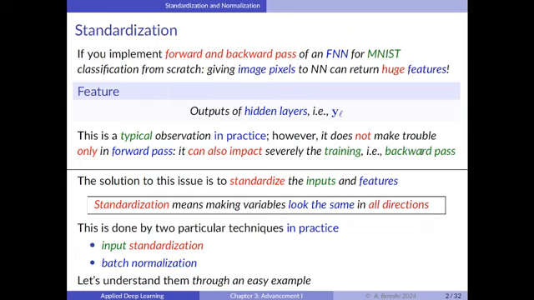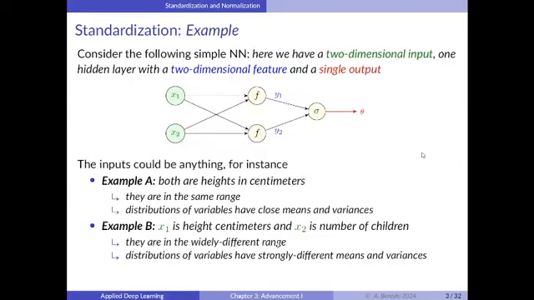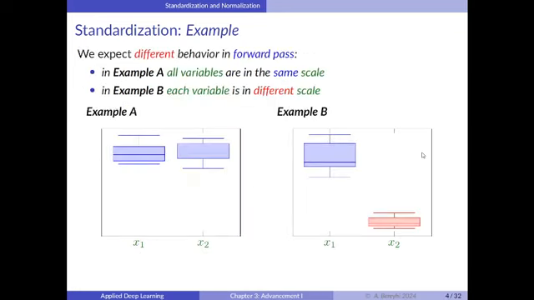We can do input standardization or batch normalization. For example, if the heights are in centimeters, they are close to each other, but if one is the height in centimeters and another is the number of children, they have different ranges.